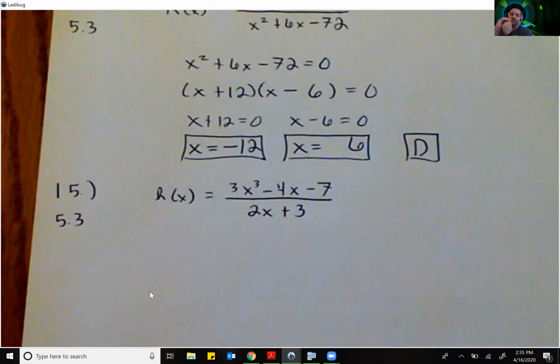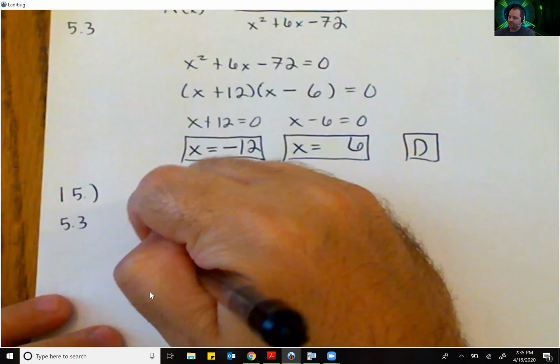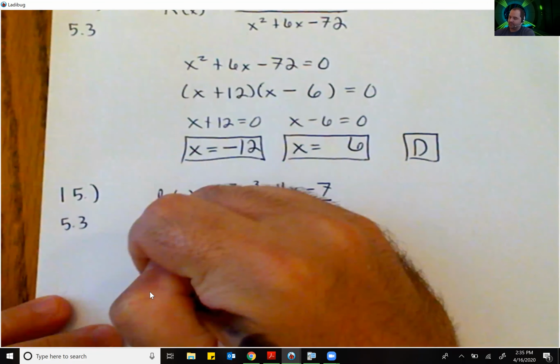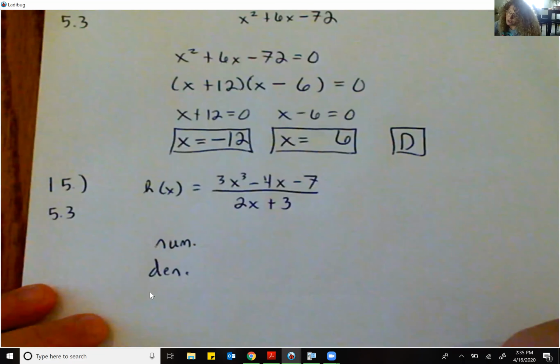Both of these go together. It's something to do with the numerator and the denominator. Don't you divide them?